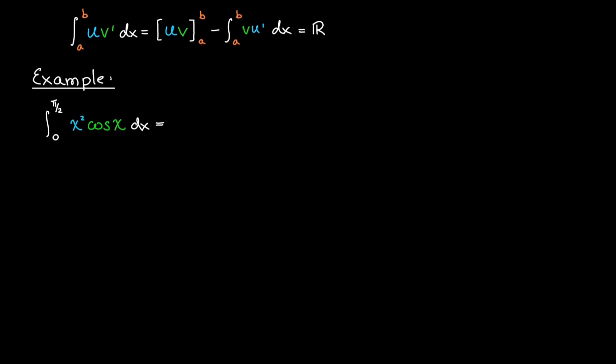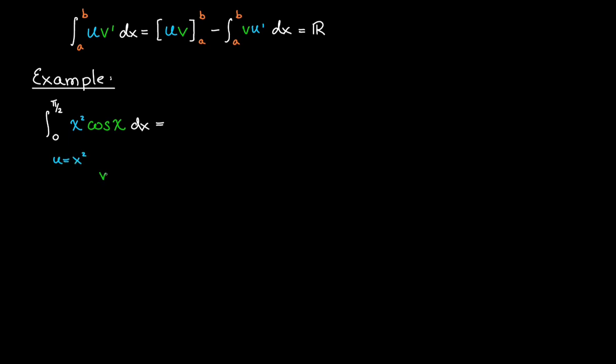Let's say we're tasked with finding the value of the integral from 0 to pi over 2 of the function x squared times cosine x. It is extremely obvious that there are two smaller functions multiplied together, and thus we have to use integration by parts. So immediately, here I recognize that our u is going to be x squared.